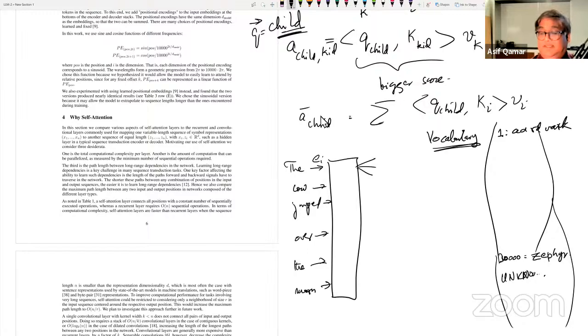Right at the entrance, there is a little bit of a problem. If I send all the words together, how do I remember which word came before which? When I sent it through a recurrent network, one word at a time, order is implicit.